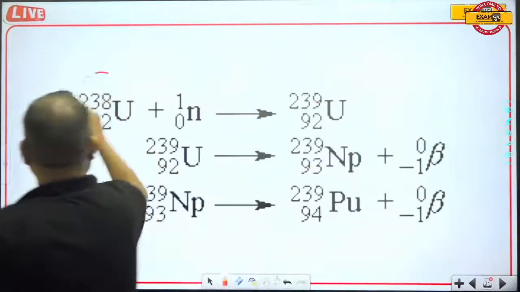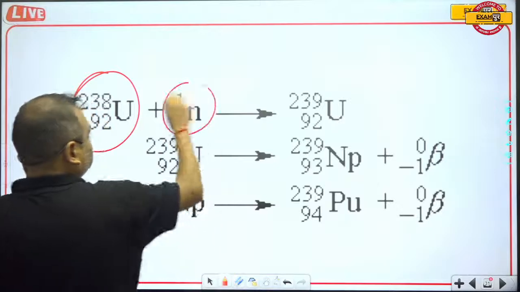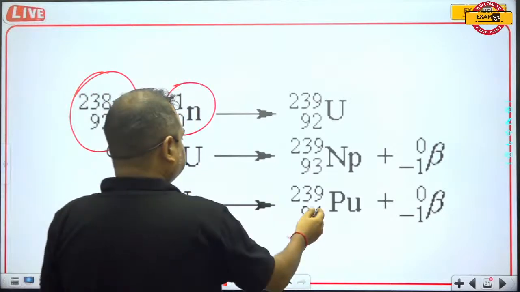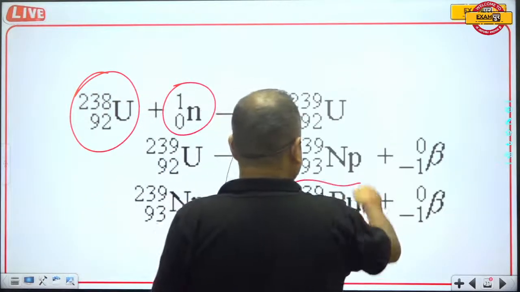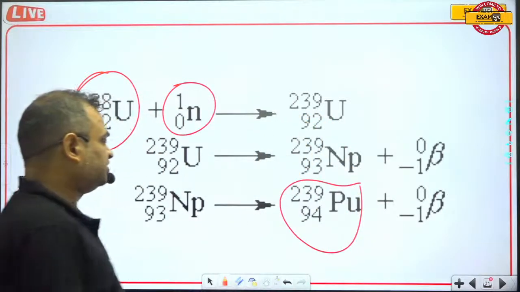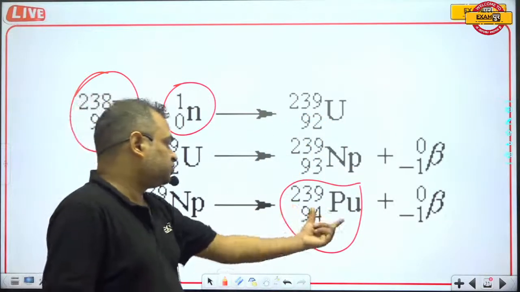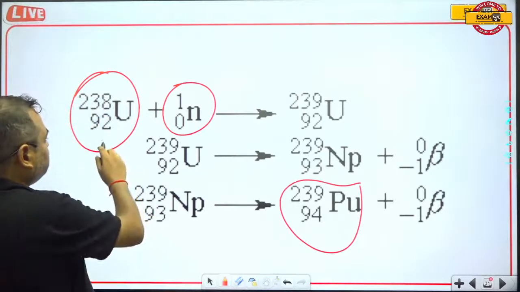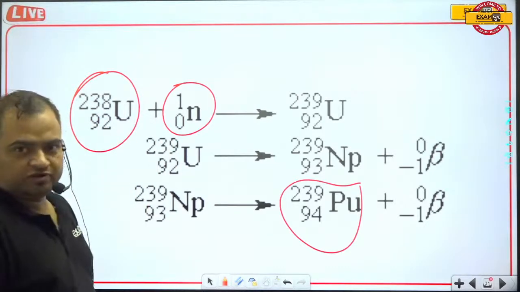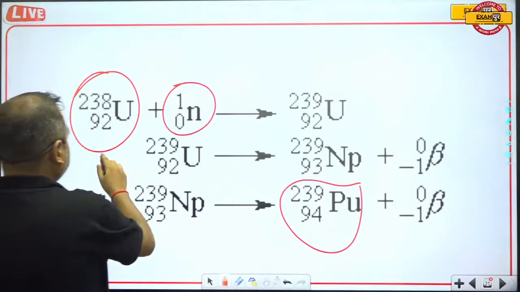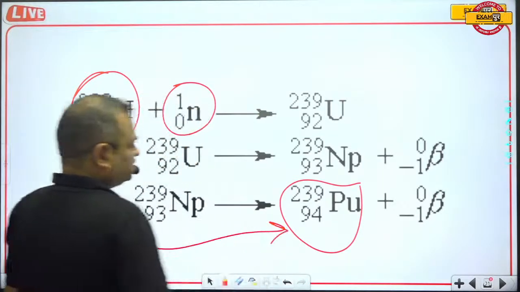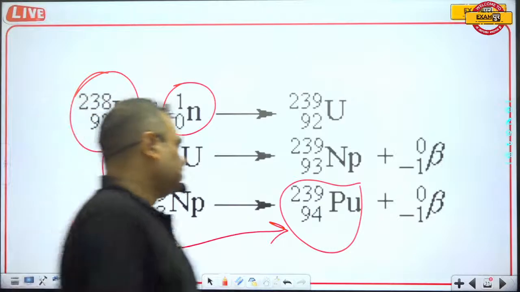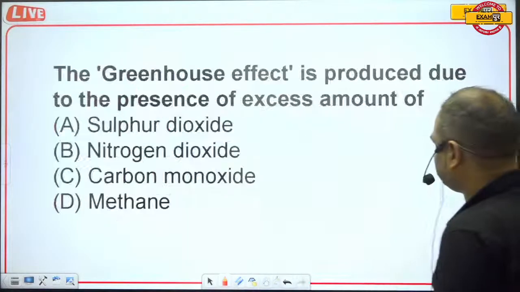Here you can see that this is uranium reacting with the neutron, and this is plutonium, and this is Neptunium. So this is plutonium. You can see here that when uranium is used as a fuel in a nuclear reactor, plutonium is produced as a byproduct.